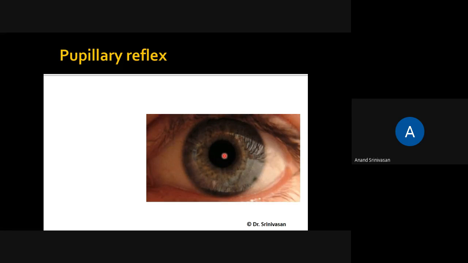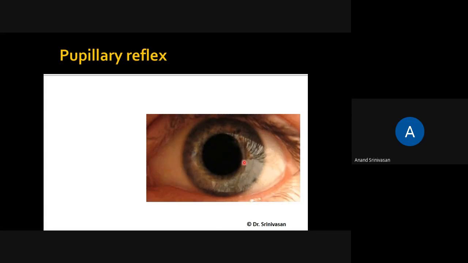When a bright light is thrown into the eye, or when a person walks in bright daylight, the pupils constrict because only a small amount of light is enough to understand what the person is seeing. Just like in your cameras, you reduce the aperture, otherwise it will look like an overexposed picture.